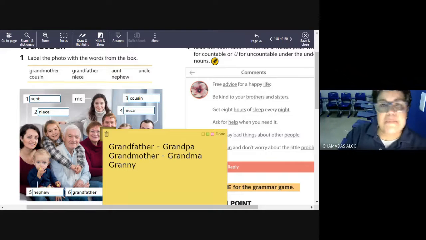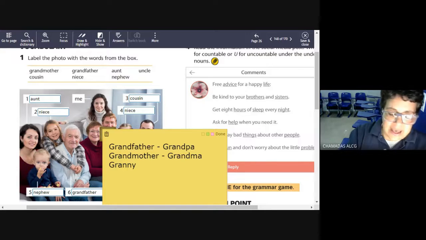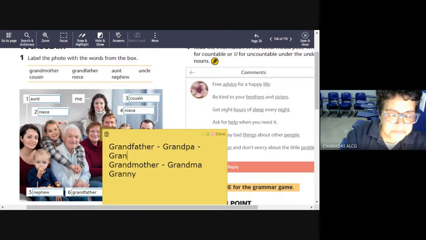Granny is grandmother, okay? Or you can say granddad. Sometimes they say that. Granddad. Okay, so this is kind of weird, but yeah, when we are speaking, we can say that.